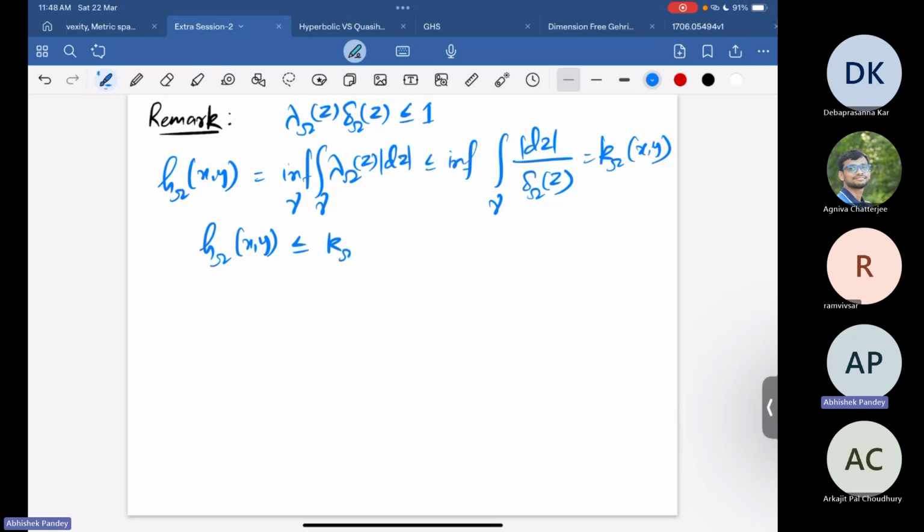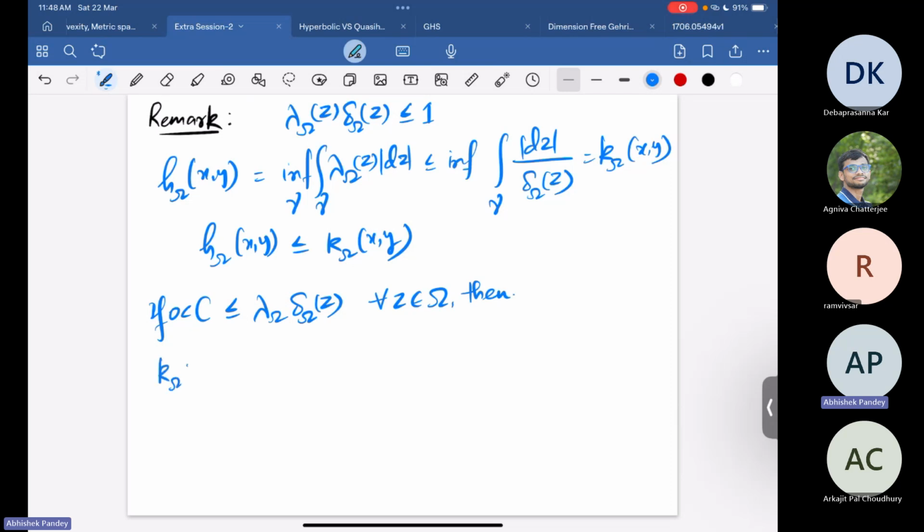k omega x comma y. Okay, if we have some quantity c such that c into lambda omega z is greater than delta omega z, and this is positive for all z belongs to omega, then we have one side inequality also, like k omega will be comparable to h omega.